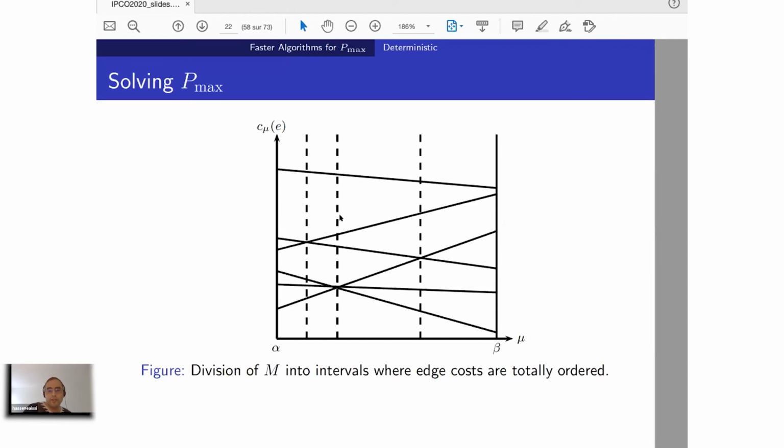If you consider a point mu, we can test whether the target value is on the right or on the left by computing the min cut. And you consider the slope. If it is increasing, then the maximum is on the right. If it is decreasing, it will be on the left. And this geometric tool, in fact, generalizes the binary search to higher dimension.